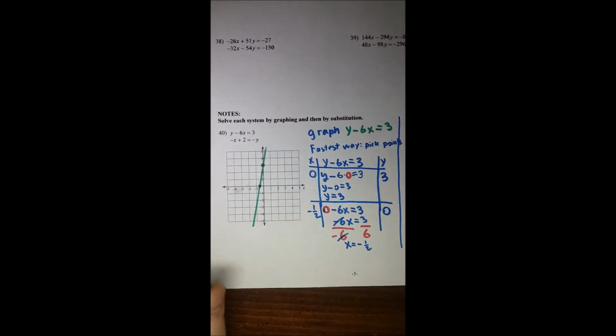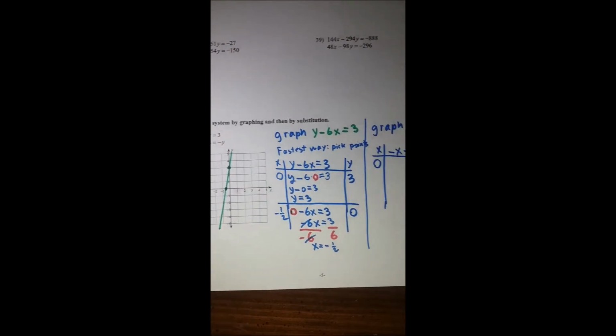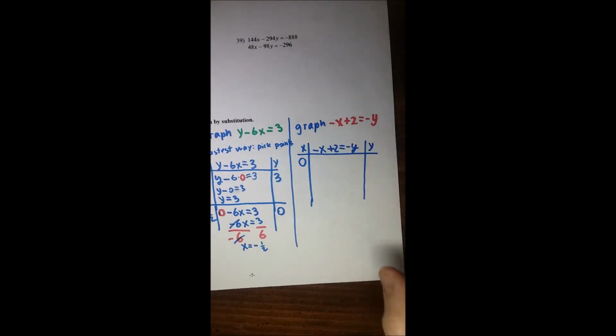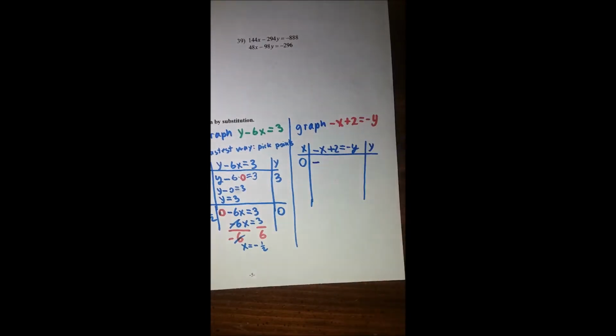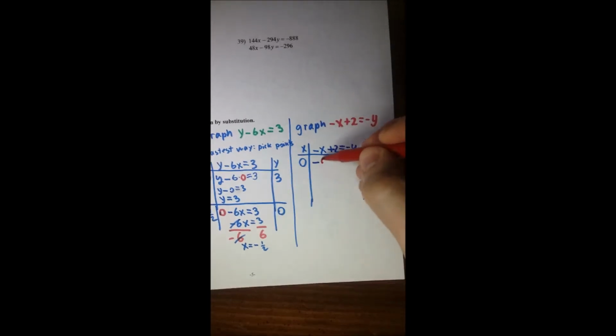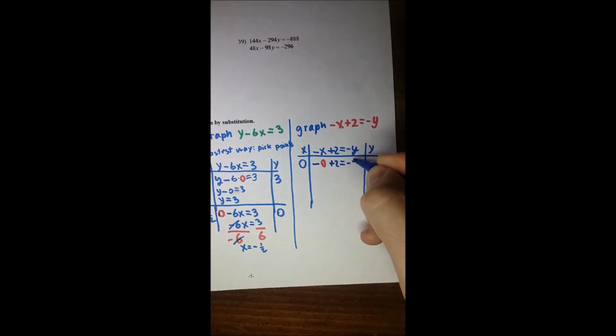Now I'm going to do the same process for the second equation. I wrote it in red ink so that you can see how I color coded it. If x equals 0, then you're going to get 0 plus 2 equals negative y.